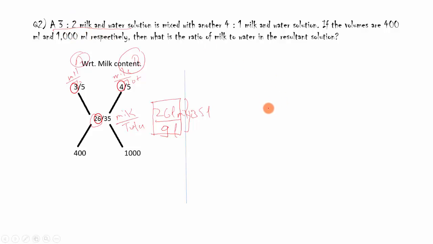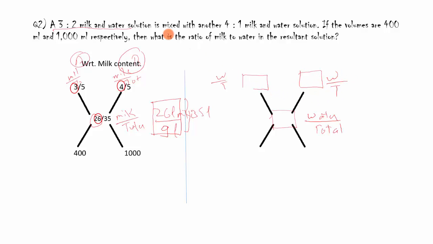So what if we want to solve it with respect to water content in it? In that case, we'll get how much water out of total we have. For that, we'll have to write water out of total for mixture A and mixture B also water out of total. So in this, how much water out of total?